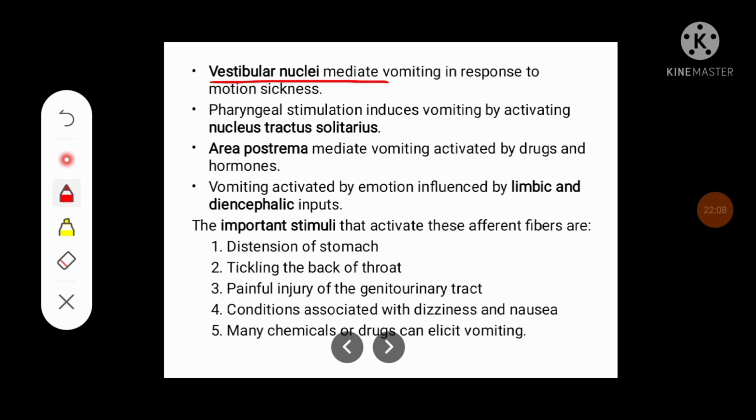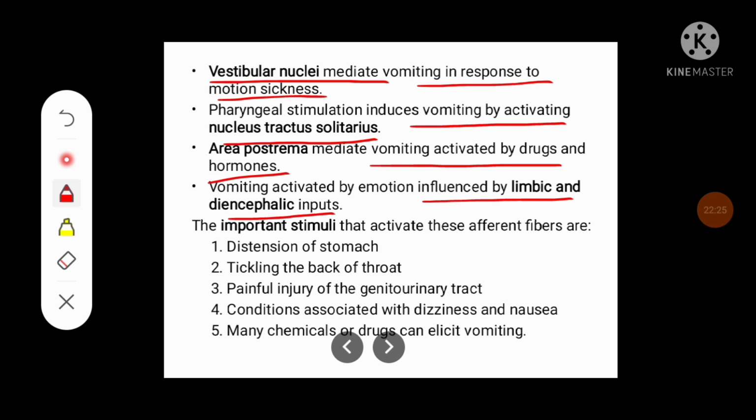Vestibular nuclei mediate vomiting in response to motion sickness. Pharyngeal stimulation induces vomiting by activating the nucleus tractus solitarius. Area postrema mediates vomiting activated by drugs and hormones. Vomiting activated by emotion is influenced by limbic and diencephalic inputs.